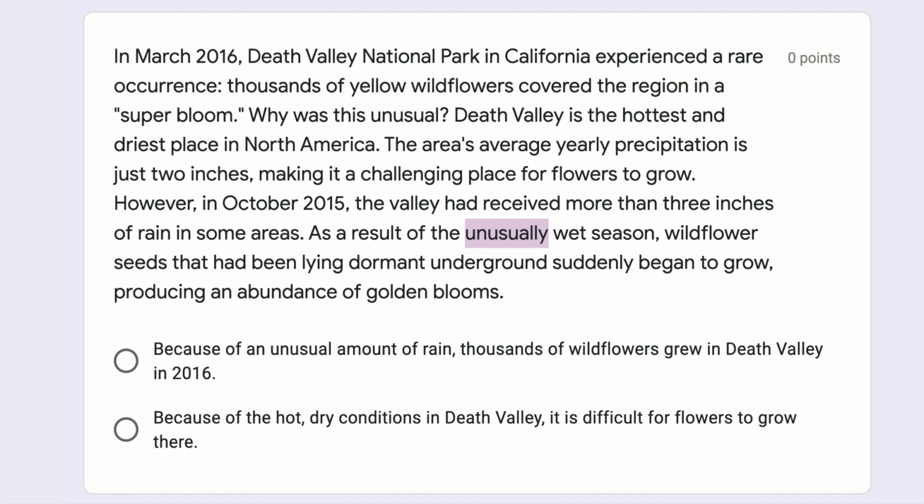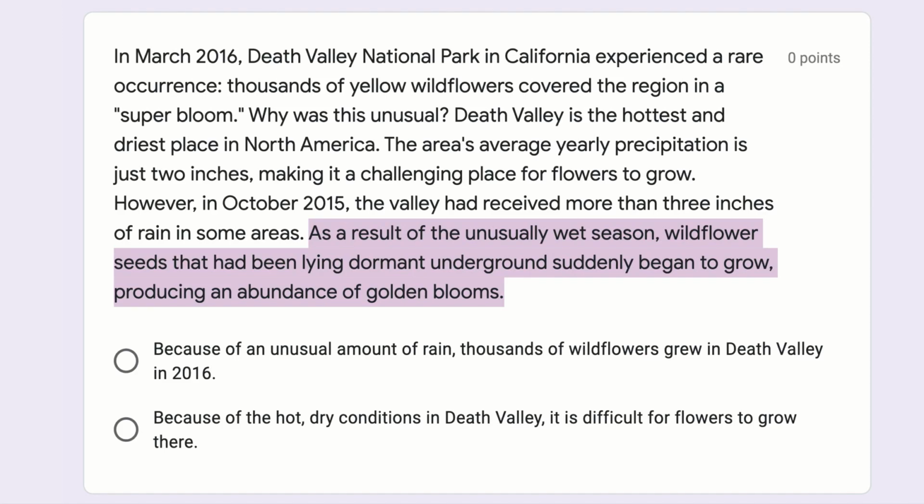in that area. I also noticed that this last sentence seems to sum up what the author was talking about in the rest of the paragraph. As a result of the unusually wet season, wildflowers were able to grow and produce a bunch of blooms. So this topic sentence helps me figure out the main idea.